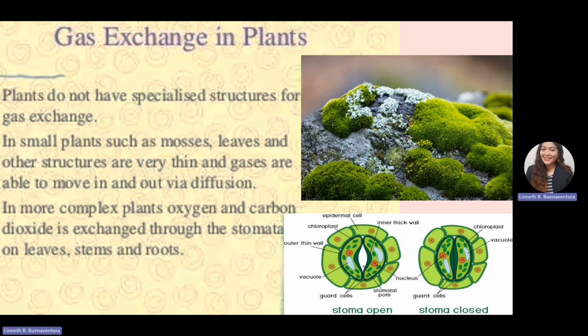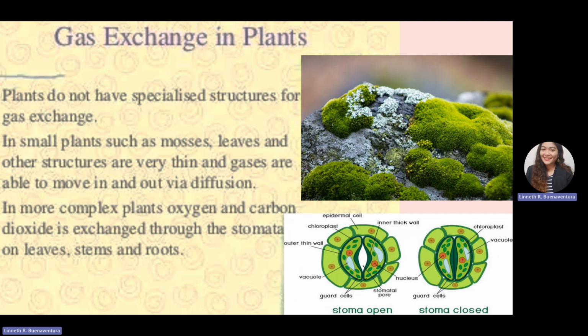In gas exchange in plants, they don't need specialized structures such as lungs or nostrils. Okay, they have a stoma. A stoma is an opening where the oxygen and carbon dioxide are being exchanged.